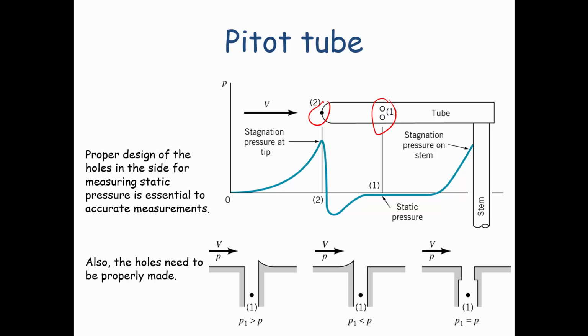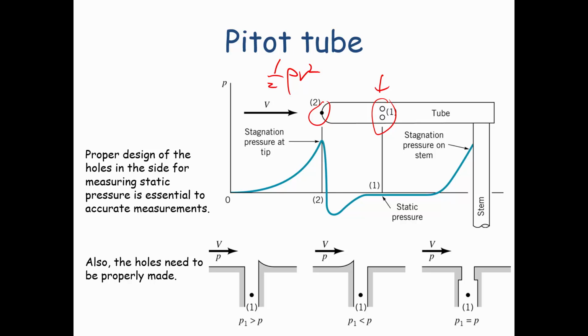As we've already stated, that total pressure that's measured at point 2, subtracting off the static pressure that's measured using those openings at point 1, will be the stagnation pressure, which again will be equal to 1/2 rho v squared.